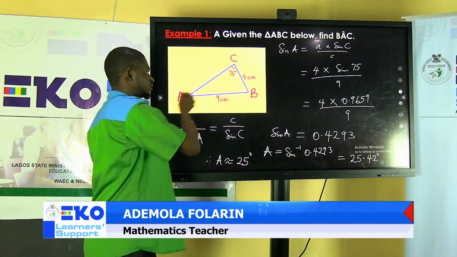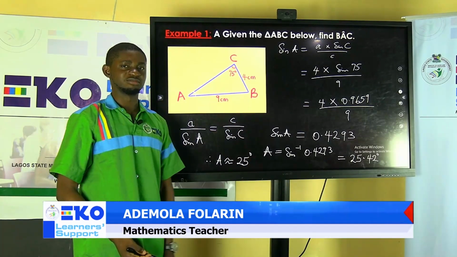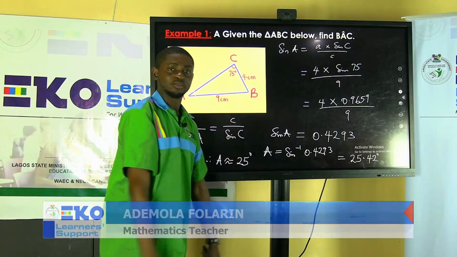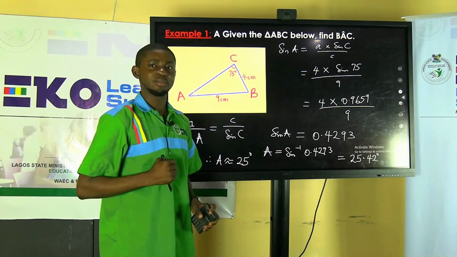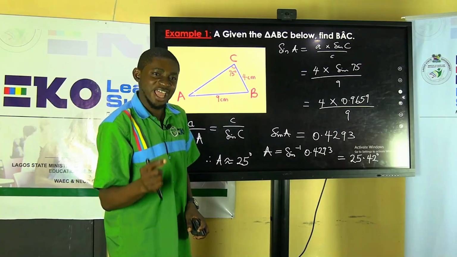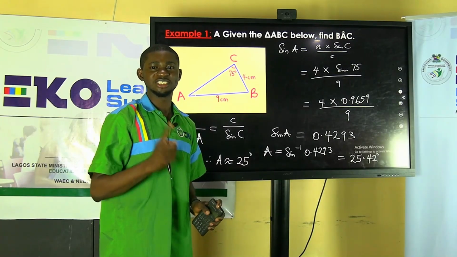So I've gotten the complete family of order, which means I can complete the triangle. So that is the use of sine rule. Remember, when one complete family is available and any of the members of the other family, we use sine rule.